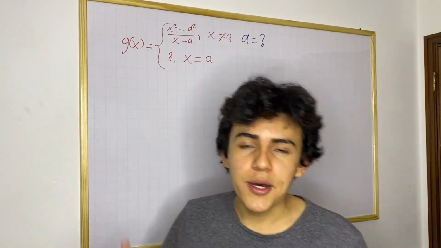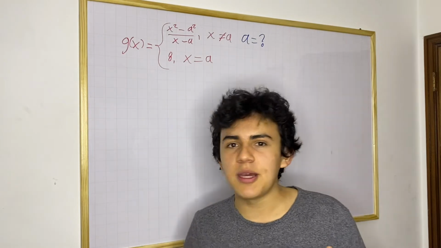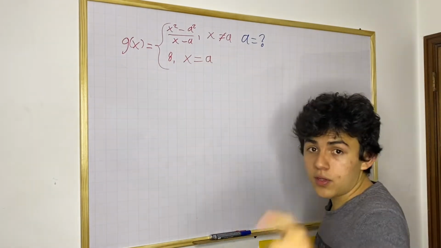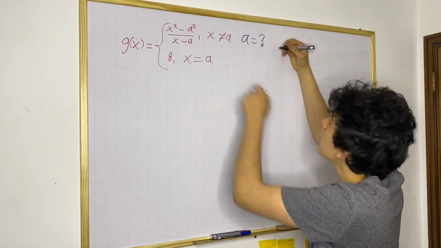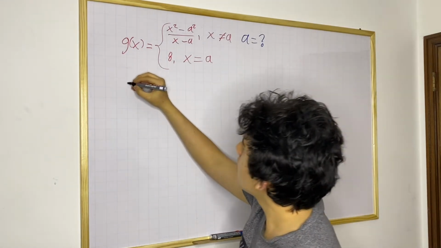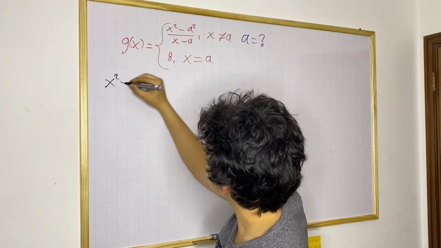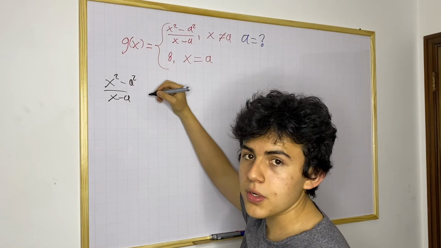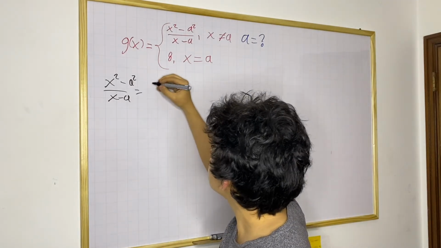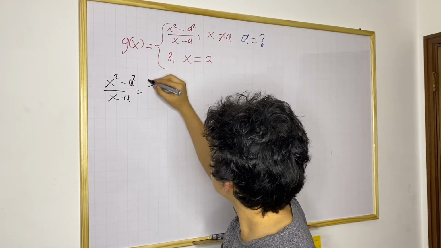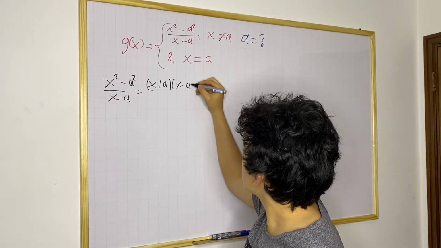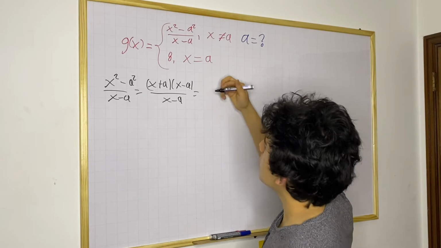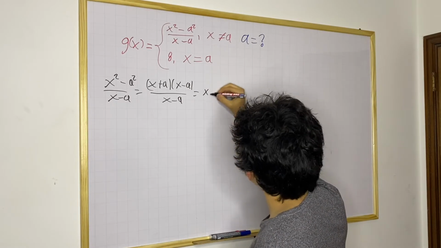Now, pretty cool, what we can do is the following. We're just gonna use basic algebra. So we know we can simplify that. Hopefully you already saw that detail. Now I'm gonna write that down here. We know that x squared minus a squared over x minus a is simply a difference of squares, and we can simplify that as x plus a times x minus a over x minus a, and we know x minus a, both of them cancel out, and we get x plus a.